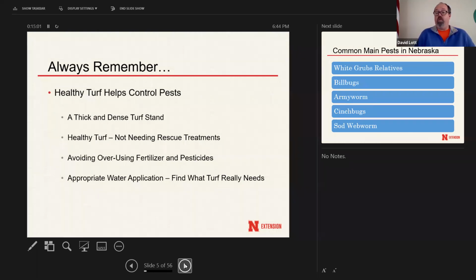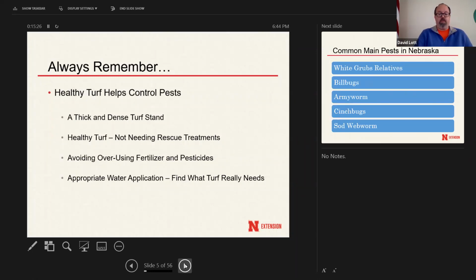We avoid over-fertilization, because one of these pests does like over-fertilized lawns or overuse of pesticides, and appropriate water application. Find what the turf really needs instead of just turning on that sprinkler system and letting it go the entire year, whether it needs it or not.